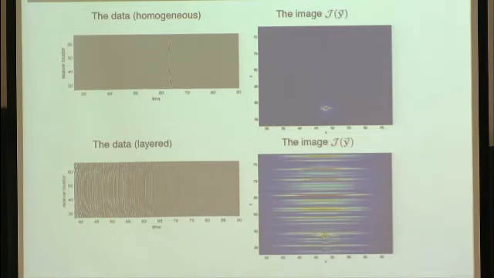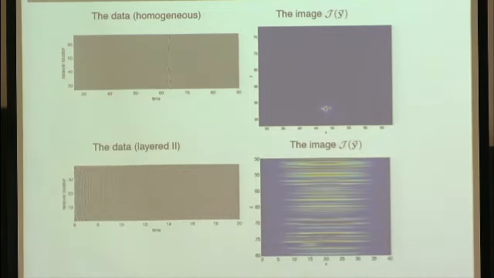It's true that because of some cancellation in this particular example, I see something at the correct location. But accidents can happen. If you move your point a little bit, or if you move your source, this nice cancellation disappears and you cannot see it anymore.